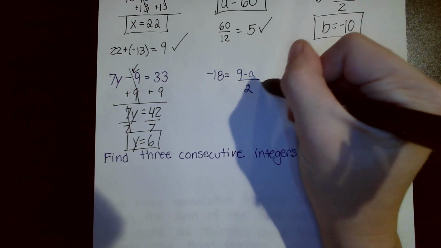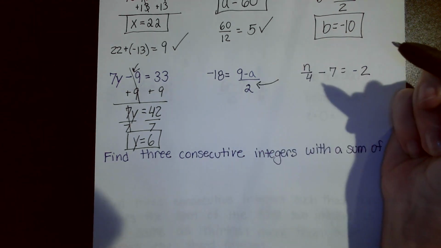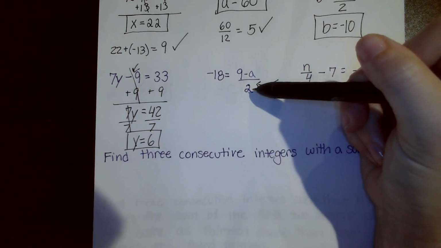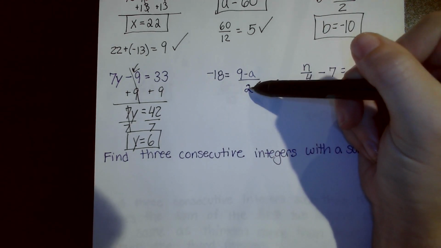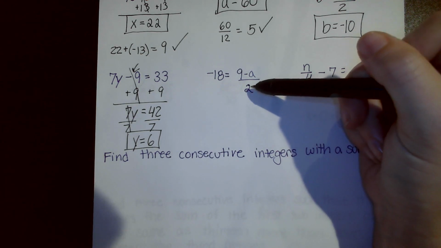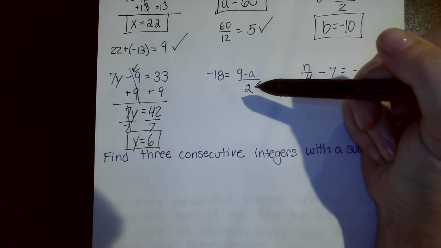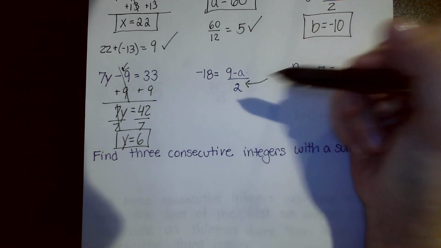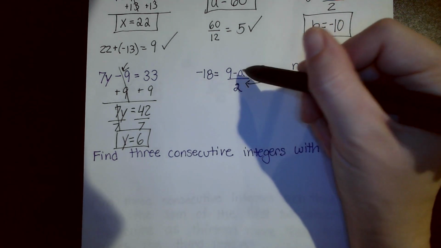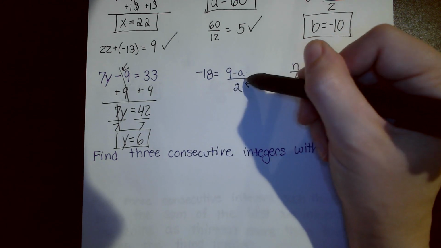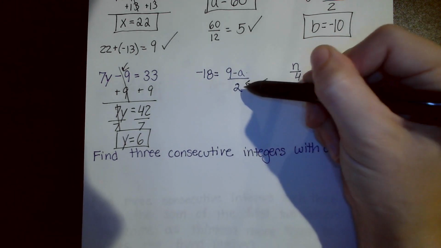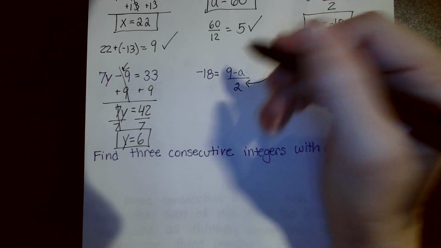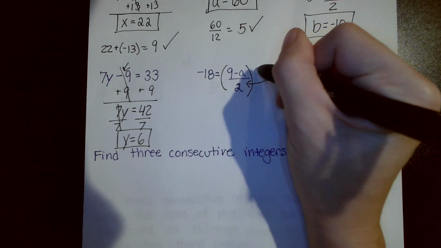All right, now we have division happening here. When this happens, this is our third wheel. That is the number that needs to move first. Now, in order to do that, we ask ourselves, what is the operation that is happening? Right now, it's 9 minus a divided by 2. Or I could say the difference of 9 and a divided by 2. So if this is division, to move it, I need to do the opposite.